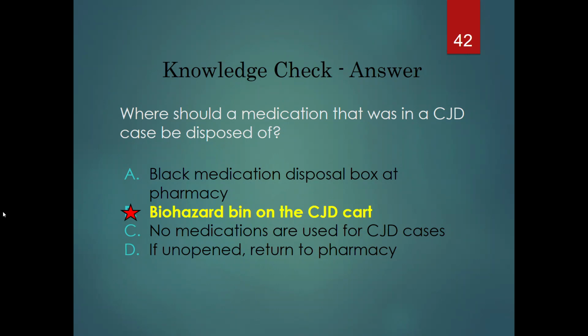The correct answer is B, the biohazard bin on the CJD cart. Medications in the room should be disposed of through incineration. Typically, unused medications could be taken to a black waste disposal unit, but with the added potential for prion exposure, the contamination potential should not be risked.